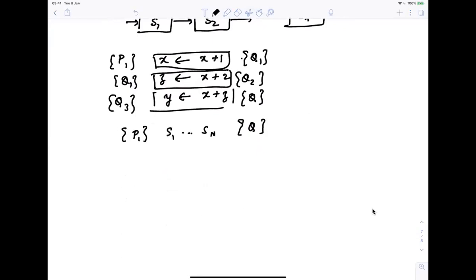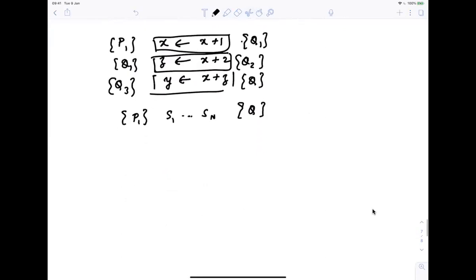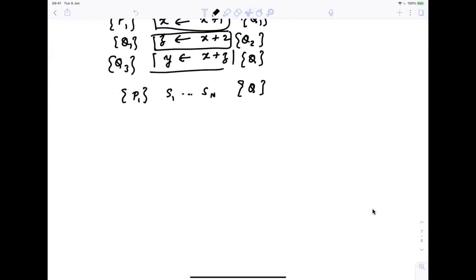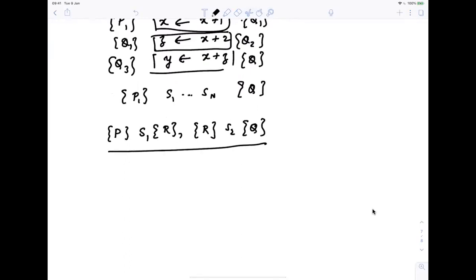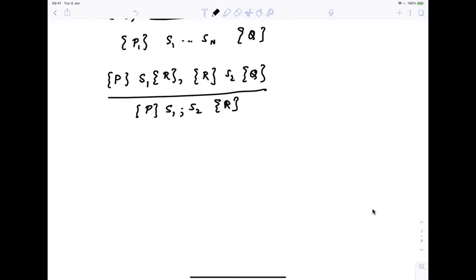Taking two statements for that matter, let us say we have precondition P, S1, R, and R, S2, Q, then we can conclude P, S1 S2, Q.